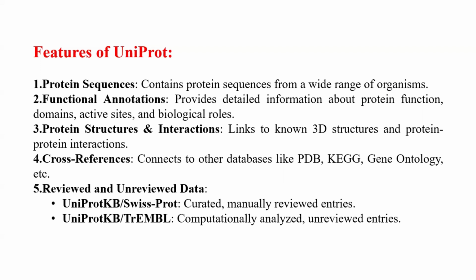The third one is protein structure and interactions, which link to the known 3D structures of proteins and their protein interactions, and the cross references, which connect to other databases like PDB, KEGG, Gene Ontology, etc. UniProt contains both reviewed and unreviewed data, that is validated and non-validated data.